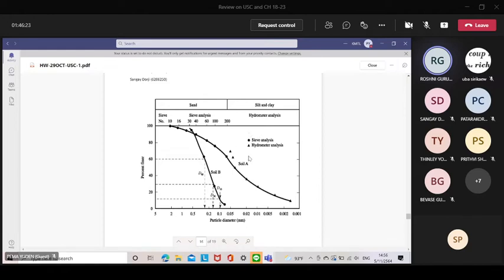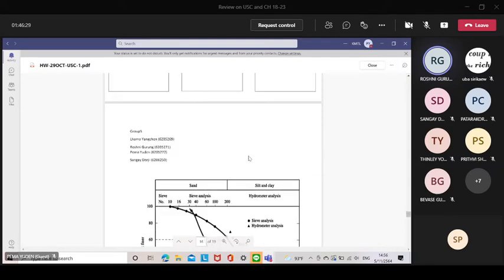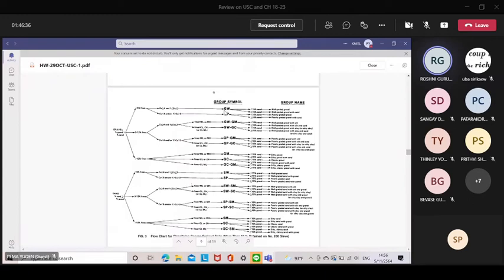Since the percentage of sand is more than that of gravel, it is a well graded sand, as the value of Cu is more than 6, which is 17.67, so it's greater than 6.